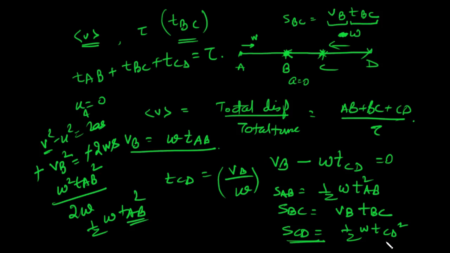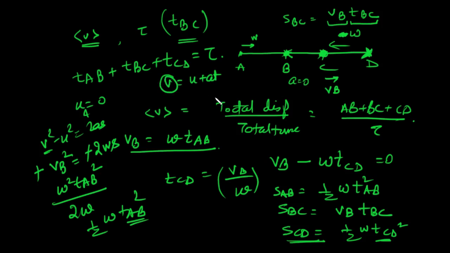Now why t_AB, and why this is t_CD? I will tell you why. Here the final velocity at D is 0. The initial velocity at C was v_B. So we use the first equation of motion, v equals u plus at.